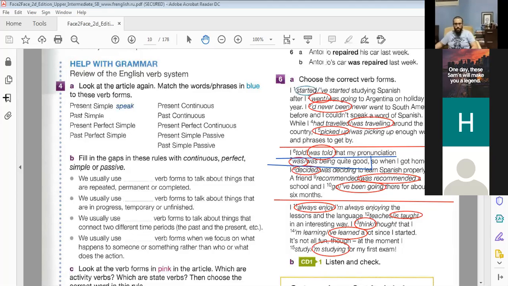"I was told that my pronunciation was good." It sounds like whoever is speaking here is reporting what the locals in South America told her or told him. You get the idea? And of course, with reported speech, as you know, there's always this little shift to the past. This might be one of the reasons why.